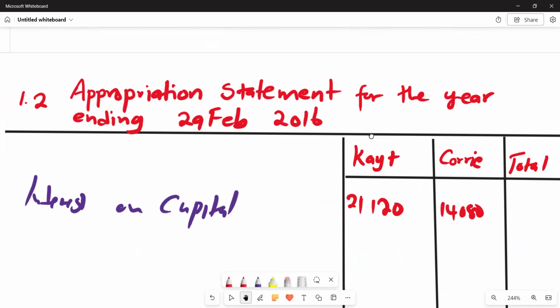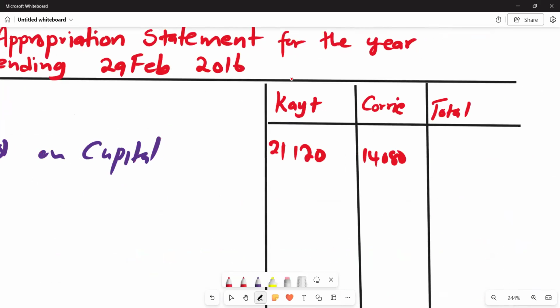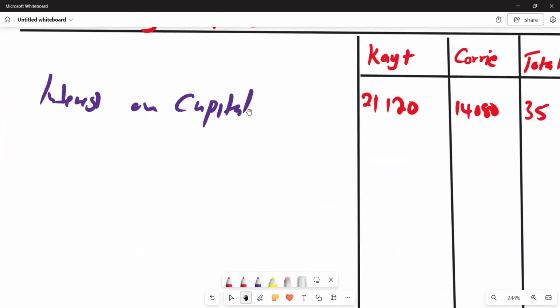And we have to add the two to get the total. We get to 35,200. Then on the next item, we have interest on current account.